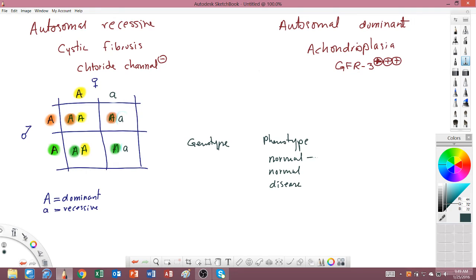Now with a recessive disease, normal type would be capital A, capital A, correct? And capital A, small a, correct? Disease will be small a, small a.